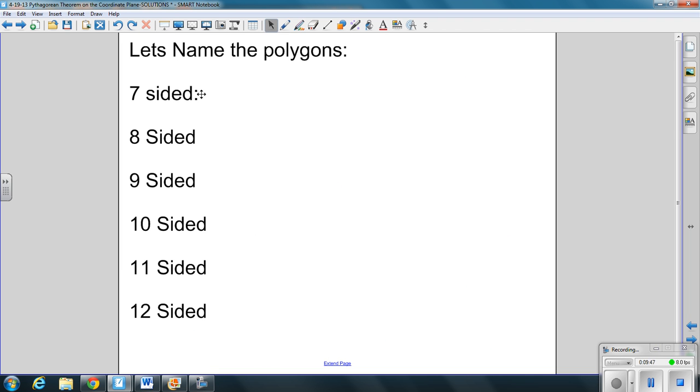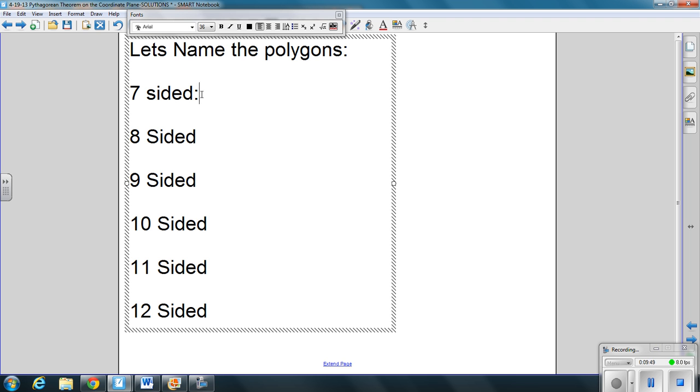Let's take a few minutes. Turn your worksheet that we just completed over, and here are just some additional shapes that you should know the names to them. A 7-sided figure is called a heptagon. An 8-sided figure is called an octagon. A 9-sided figure is called a nonagon.